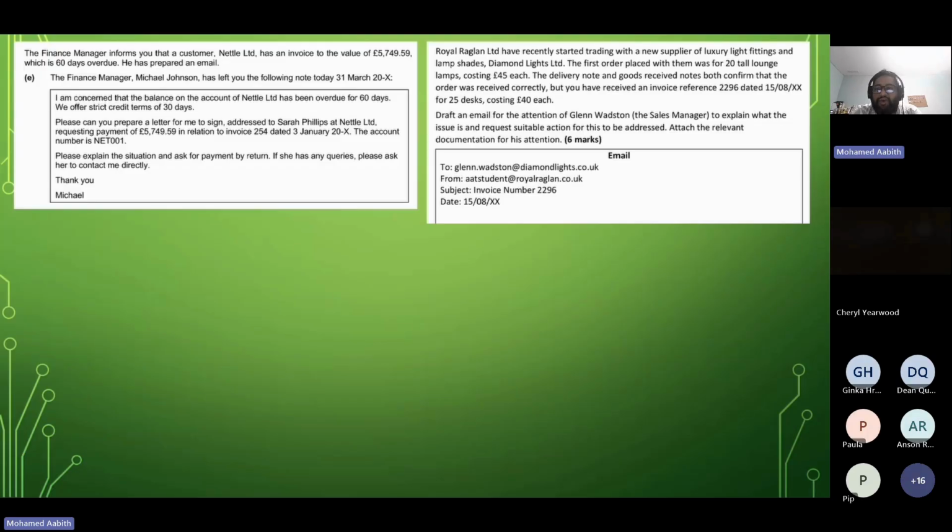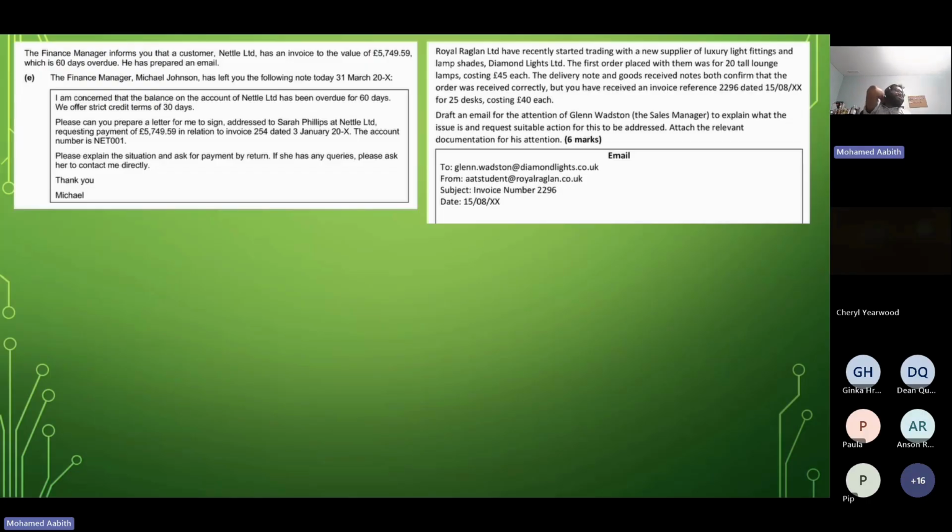The delivery note and the goods received both confirm the order was received correctly, but you have received an invoice, reference 2296, dated the 15th of August, for 25 desks costing £40 each. Draft an email for the attention of Glenn Watson, the sales manager, to explain what the issue is and request suitable action for this to be addressed. Attach relevant documentation for his attention.